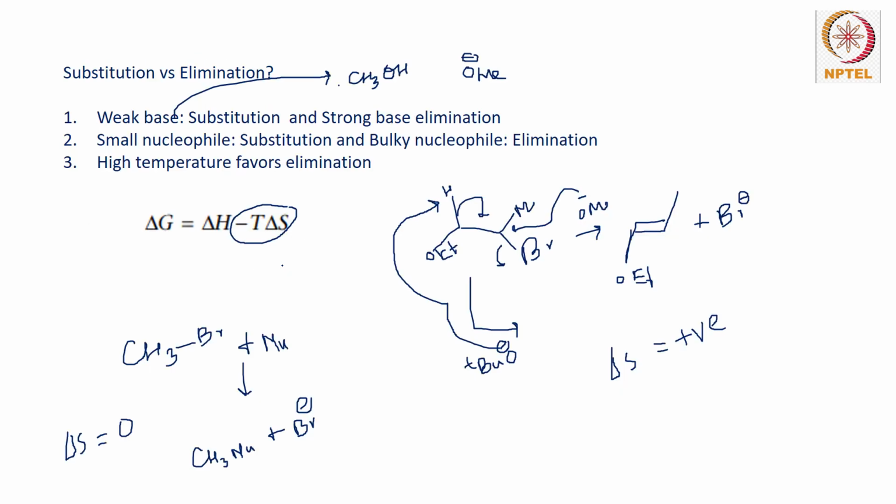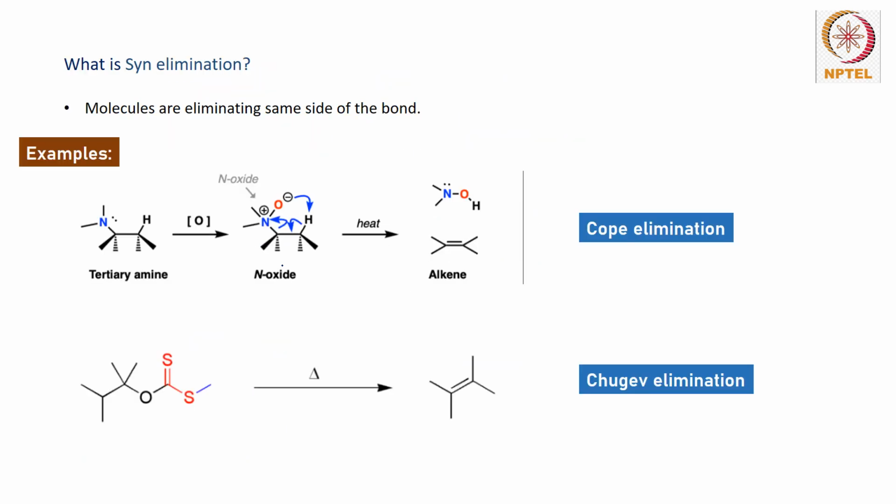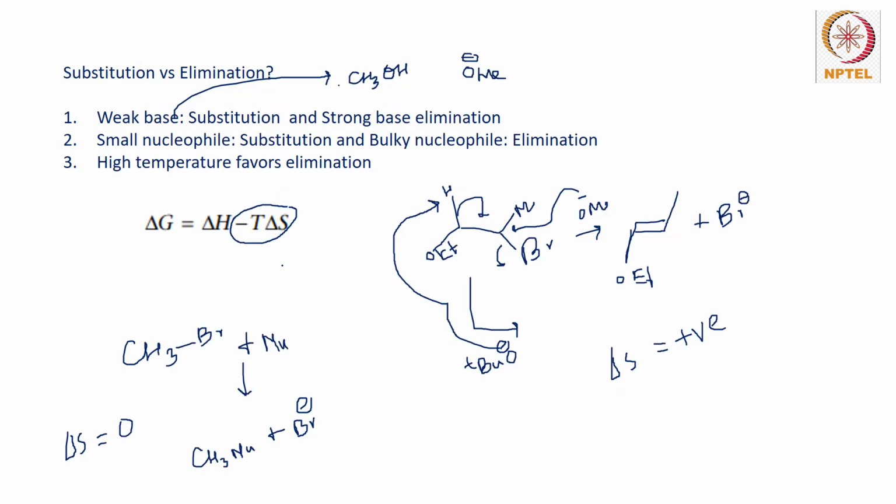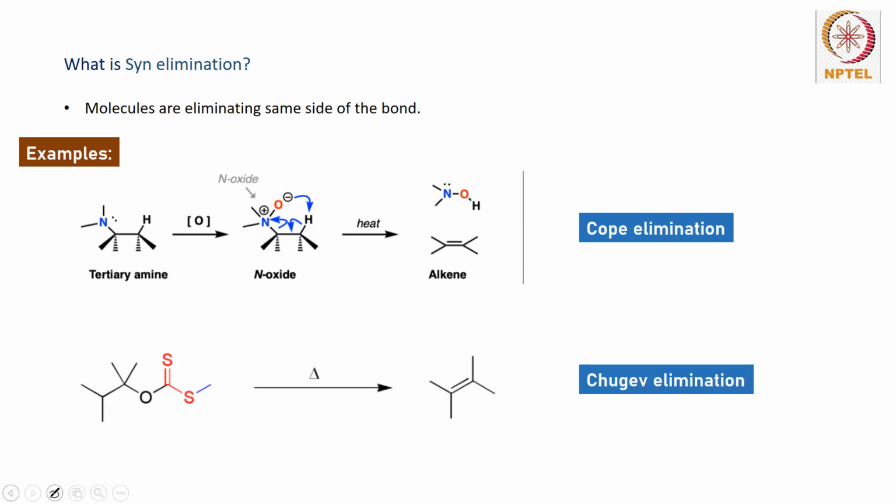So there are two types of elimination. One is syn, another is anti. What is syn elimination? When these two eliminating groups, this hydrogen and this bromine, are on the same side of this bond, that is called syn elimination.